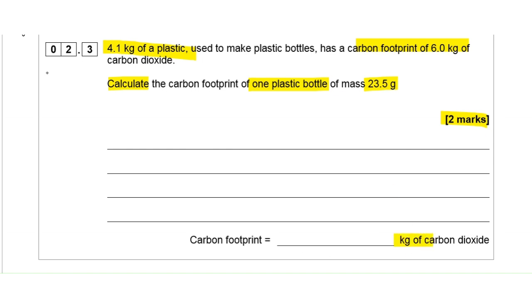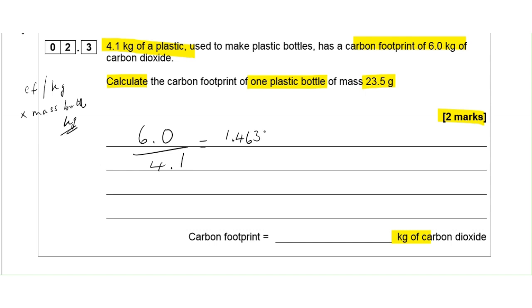The first thing we must do is try and find the carbon footprint per kilogram of the plastic, and to do that we do 6.0 and divide it by 4.1. We must then multiply that by the mass of one plastic bottle in kilograms, so that'll be 23.5 divided by 1000.